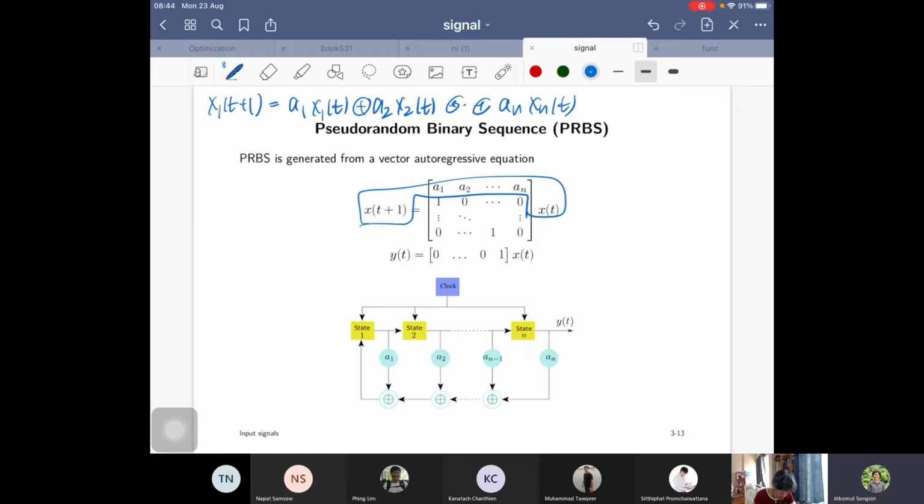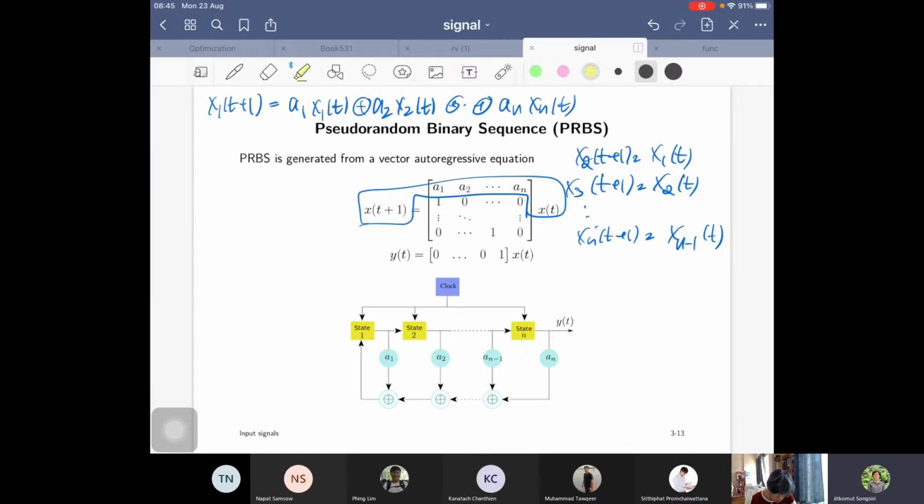Then you use the fact that x2 t plus 1 is x1t, x3 t plus 1 is x2t, dot dot dot, xn t plus 1 is x n minus 1 t. So if you substitute, from this equation you can write x2t equals x1 t minus 1.